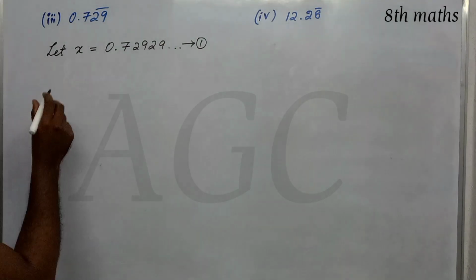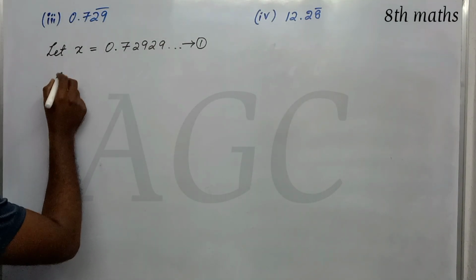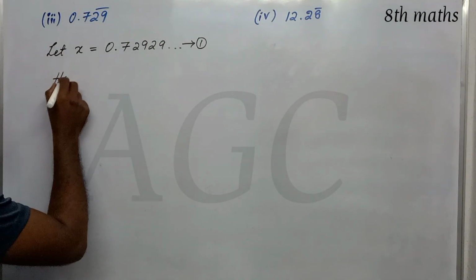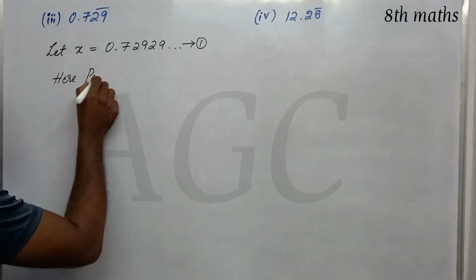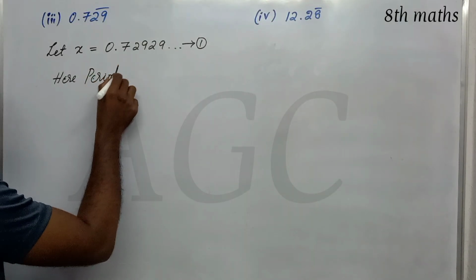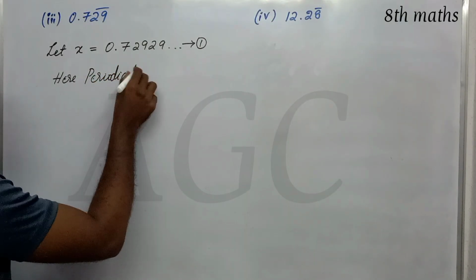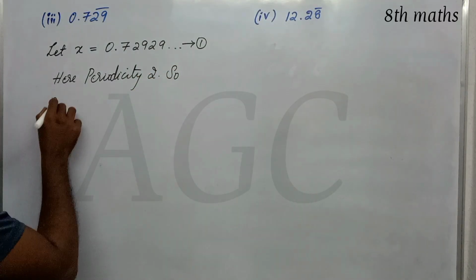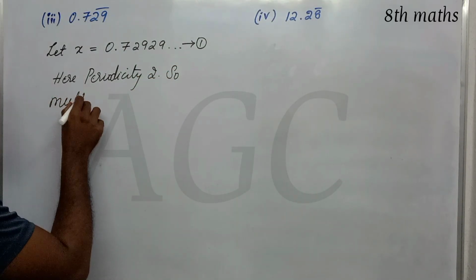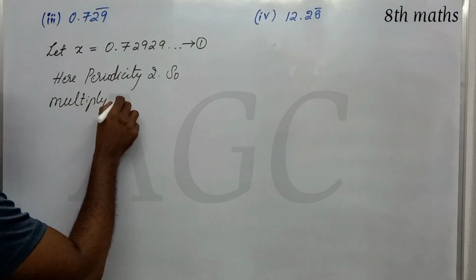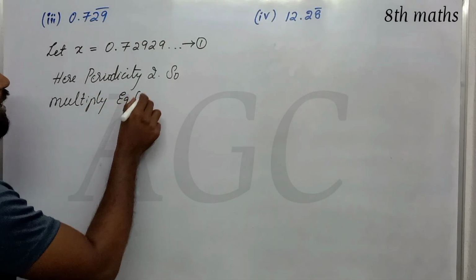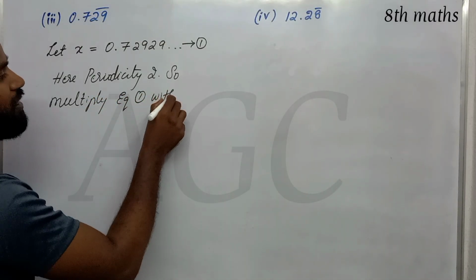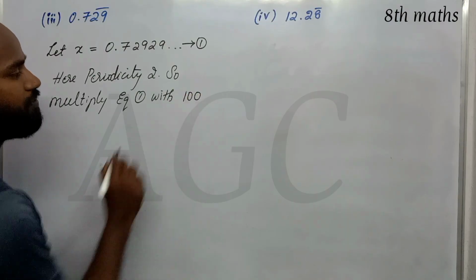Okay, then here, so what is periodicity here? Periodicity is 2. So multiply equation 1 with 100 on both sides.